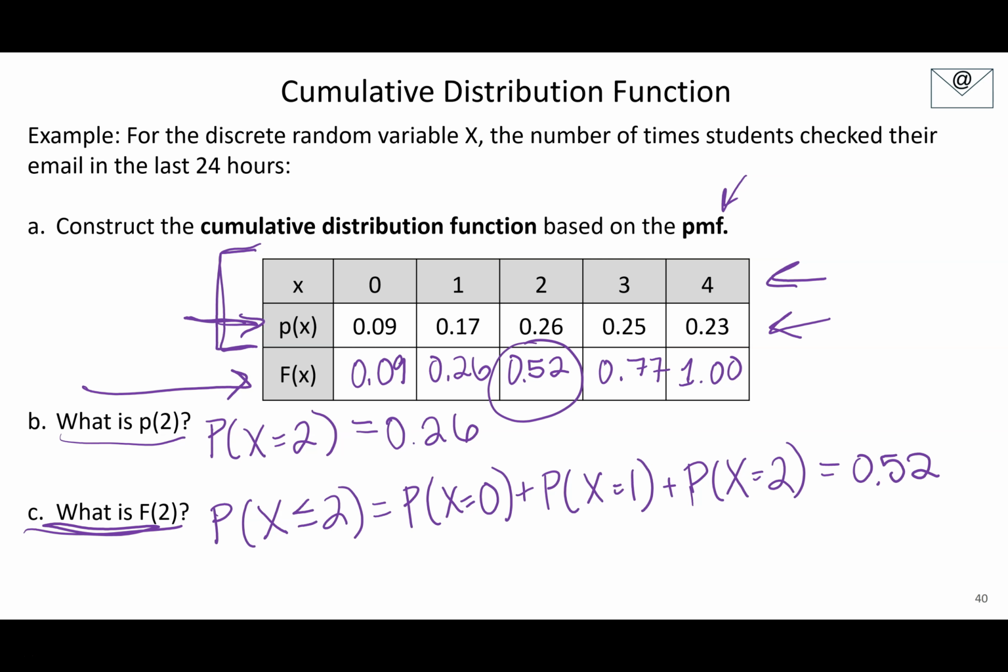So your PMF value at 2 is 0.26. That's the probability of observing students with exactly 2 email checks in the last 24 hours. Your CDF at 2 means the probability of observing students with 2 or fewer email checks in the last 24 hours. So that's 52% of those students.